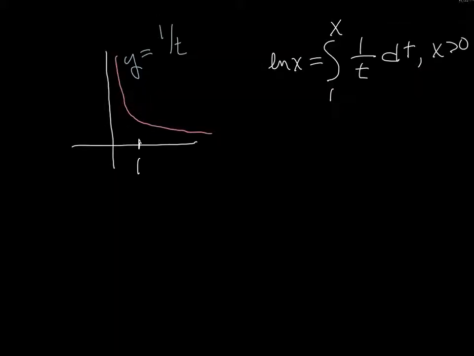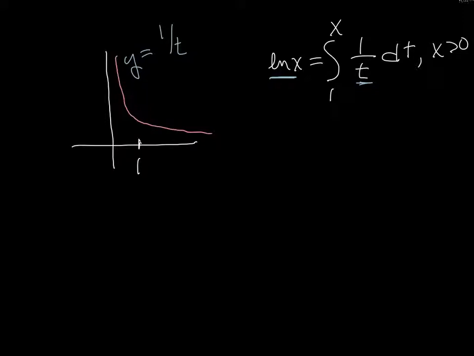Here I have graphed y equals 1 over t, which is the derivative of the natural log, evidently, because if the natural log of x is the antiderivative from 1 to x of 1 over t, then 1 over t must be the derivative.